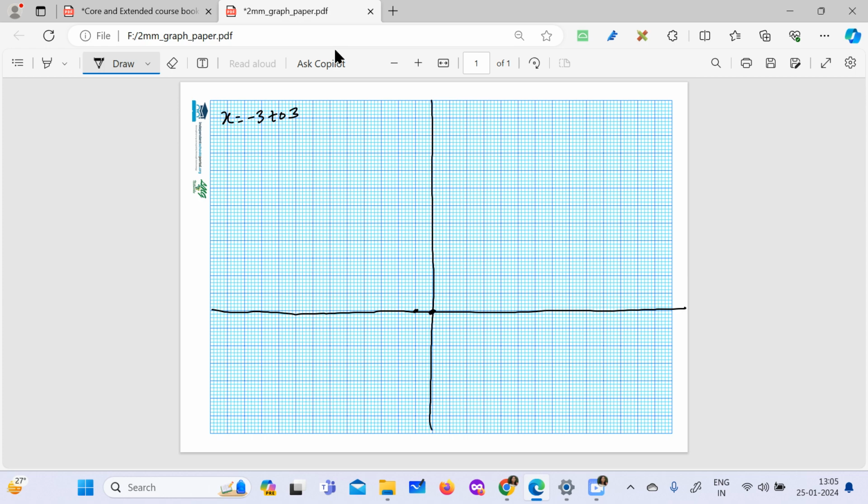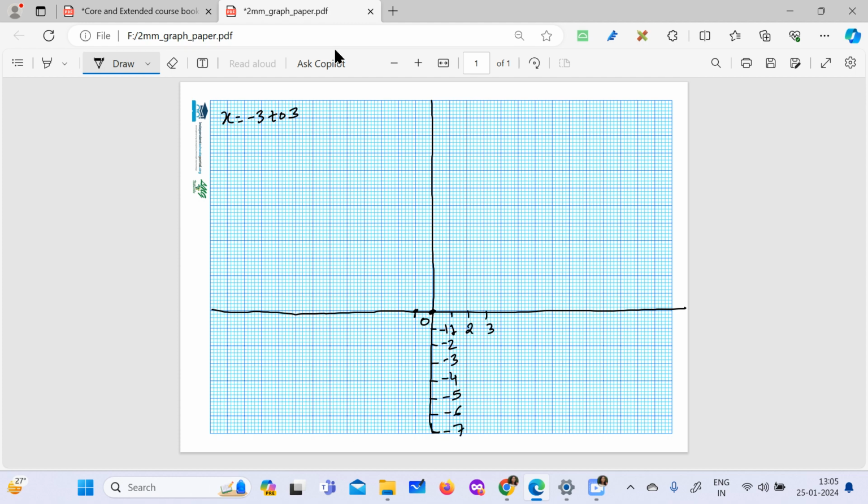Okay, now this is the origin, that is 0. I'll write here 1, 2, 3. And here I will write negative 1, negative 2, negative 3, negative 4, negative 5, negative 6, and negative 7.